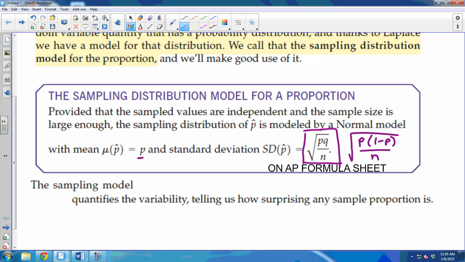Okay? In the questions we do today, I think you're going to see a similar pattern because they're all going to get pretty repetitive. In general, this is what you need to do. They're going to give you a true population proportion, or they're going to give you a scenario where you can figure it out, like coins, dice, that kind of thing. They're going to give you the sample size, and they're going to ask you questions along these lines. They're going to ask you to check conditions and assumptions to make sure you can actually use the normal model.